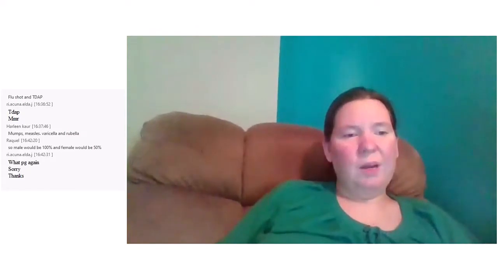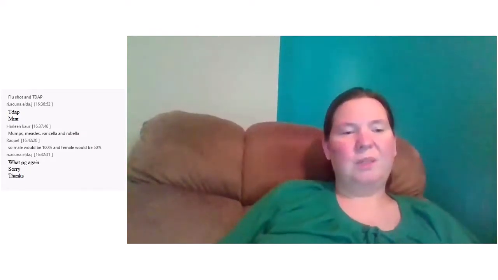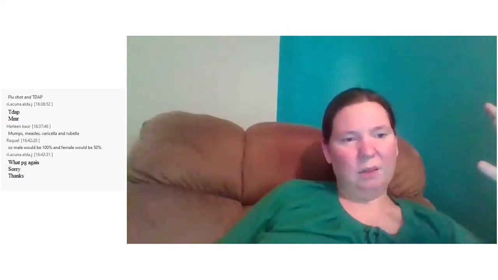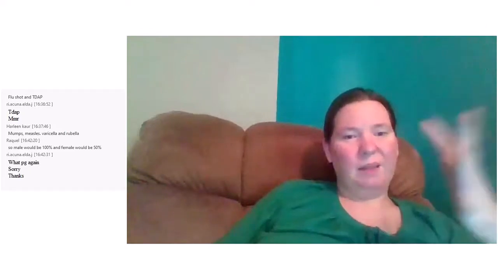So when we're talking about genetic probability, males would be 50%, because if you've got mom who has two X-linked genes, or you've got dad that's got one X-link, dad's not passing along an X because you're creating a boy. So it's coming from mom. She has two genes. She has good X and she has bad X. There's a 50% chance she's going to pass along good X, and 50% she's going to pass along bad X. So males would have 50%.